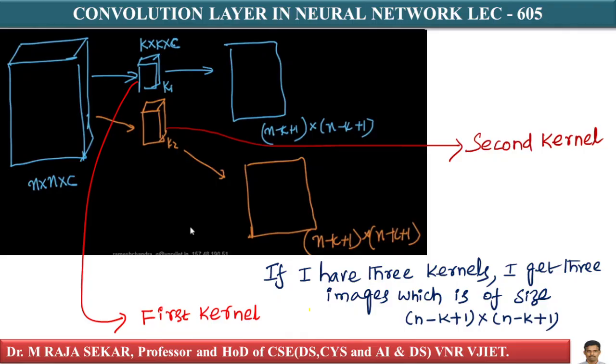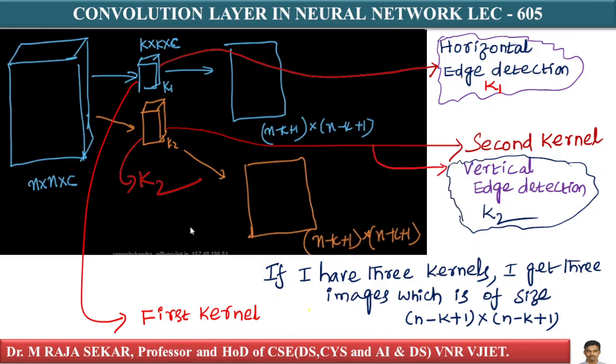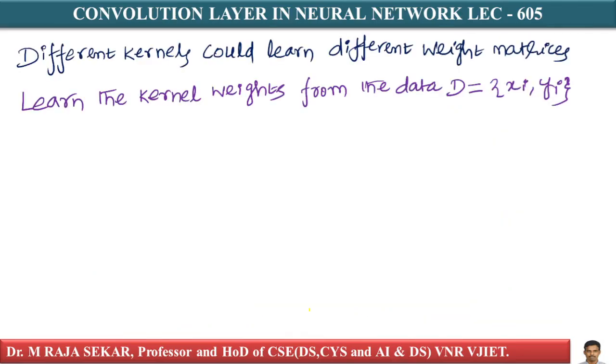Probably kernel K1 is doing horizontal edge detection. Kernel K2, the second kernel, is useful for vertical edge detection. There may be another kernel which detects edges at 45 degrees. So different kernels could learn different weight matrices.